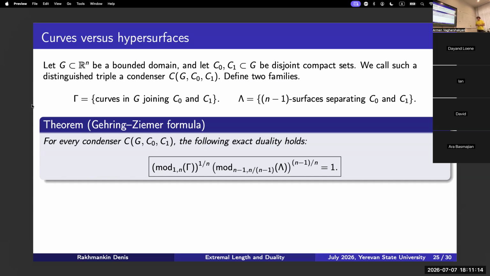And we also have a duality here. For higher-dimensional surfaces, it's really important, because what's going on if we put here not n-1 but n-k?